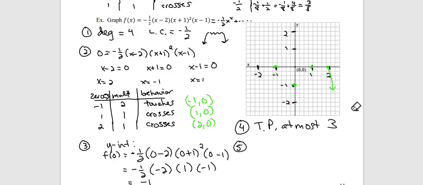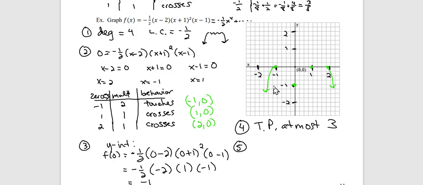So it's safe to say from here, it's going to go down to negative infinity based on that end behavior discussion. Same thing from the leftmost zero, -1, it's going to go down.